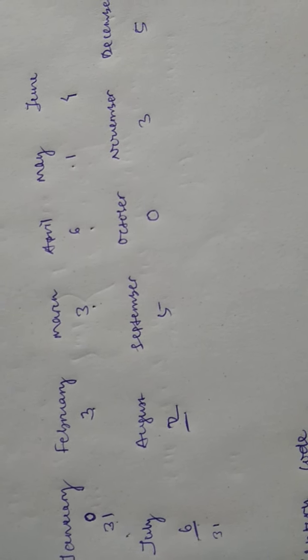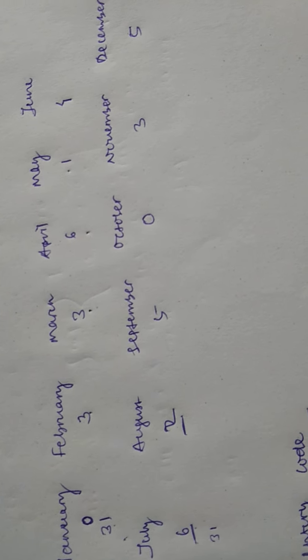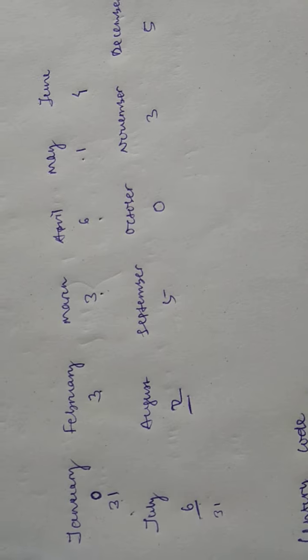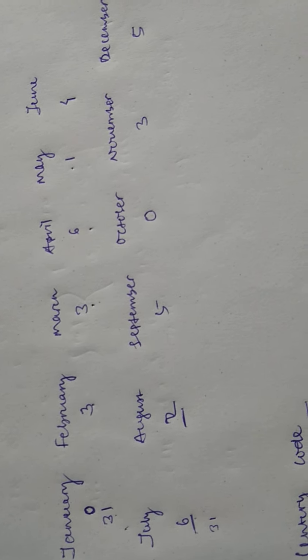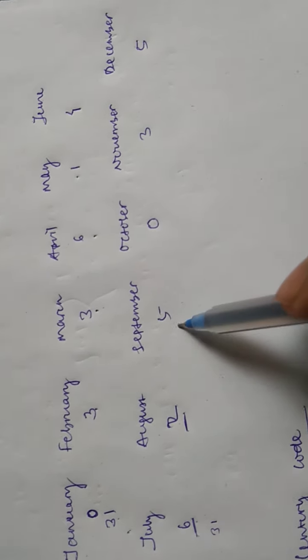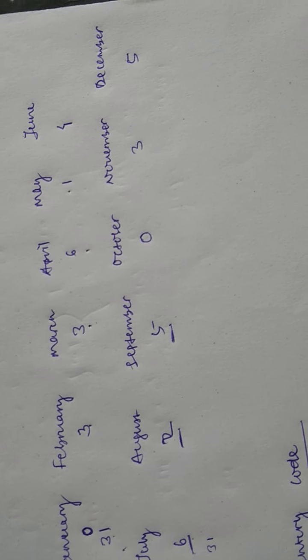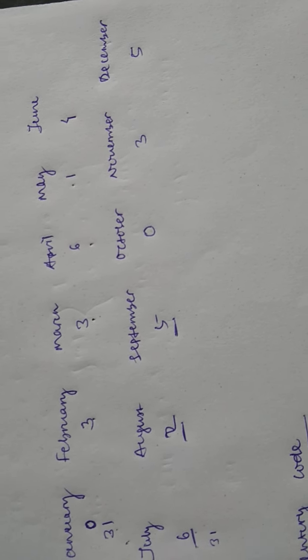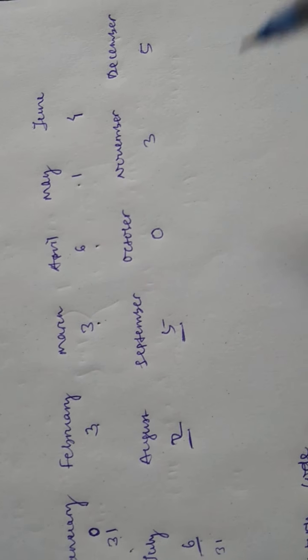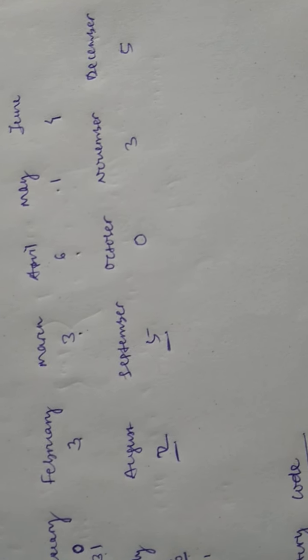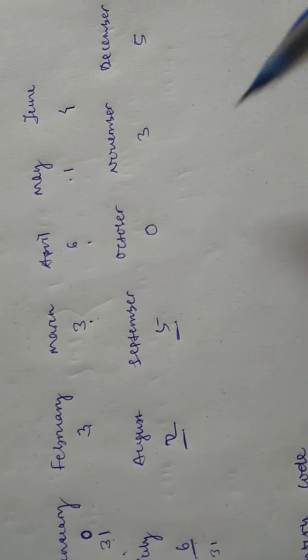And from August we get 3 odd days as it is a 31 days month, so it gets transferred to September as 2 plus 3 equal to 5. From September we get 2 days extra, so 5 plus 2 is 7, so we get 0.